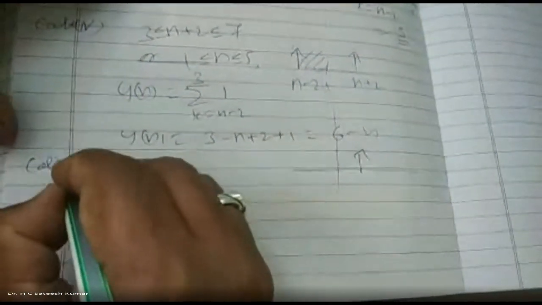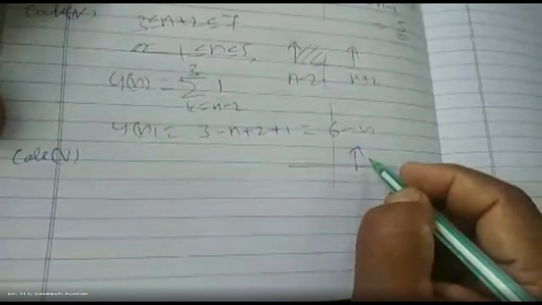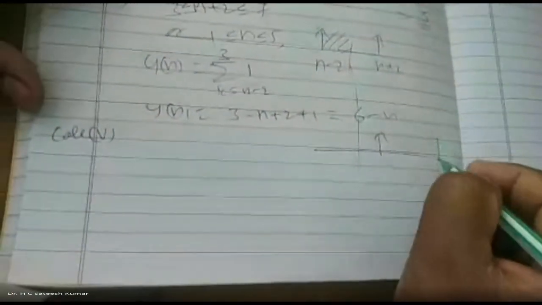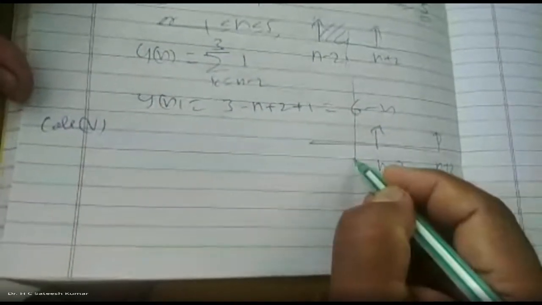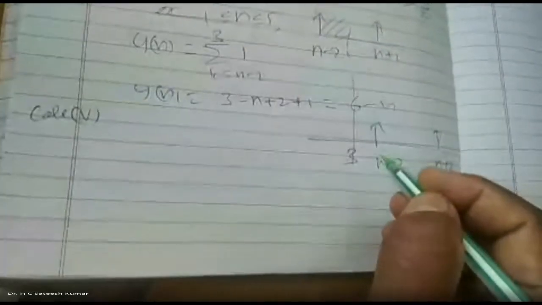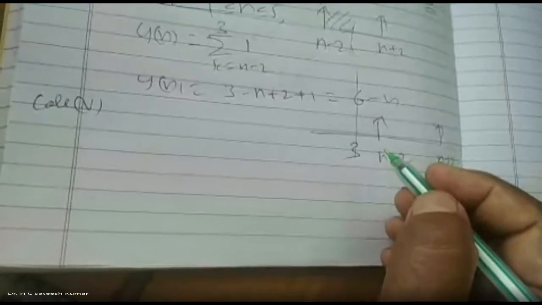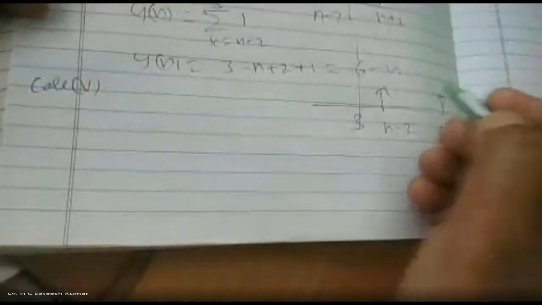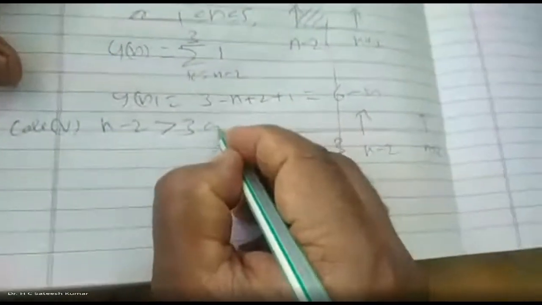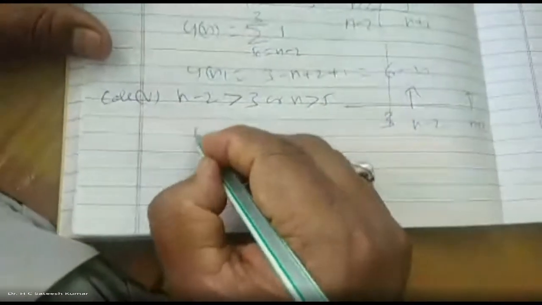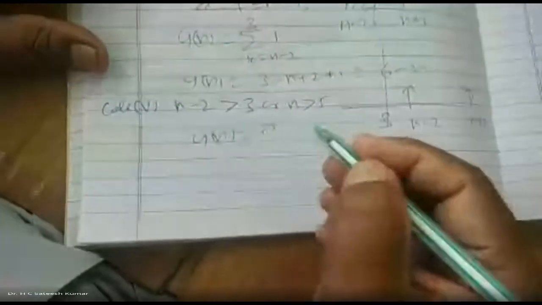Case 5. What is this? N minus 2, n plus 2, and this is 3. The left edge of the second signal is crossing the right edge of the first signal. I mean to say that n minus 2 is greater than 3 or n is greater than 5, y of n is equal to 0.